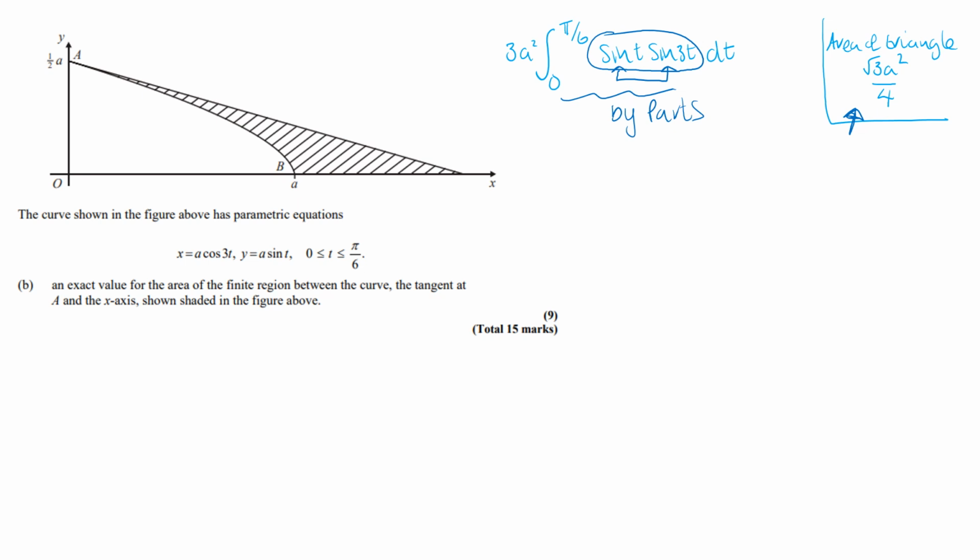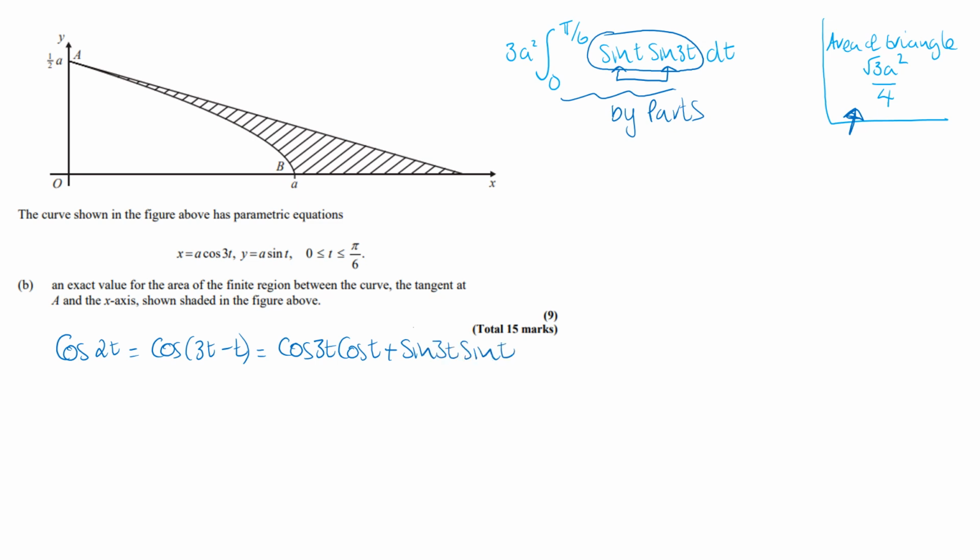We see it in the addition formulae for cos. If we have a look at cos 2t, that could actually be cos of 3t minus t. How does that expand? It's going to be cos 3t cos t plus sine 3t sine t.